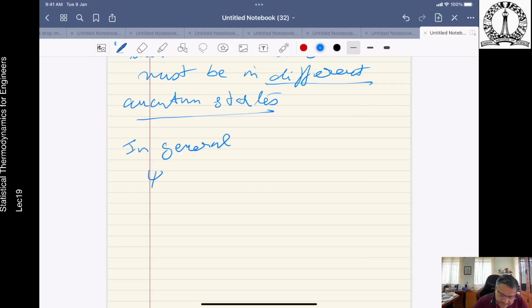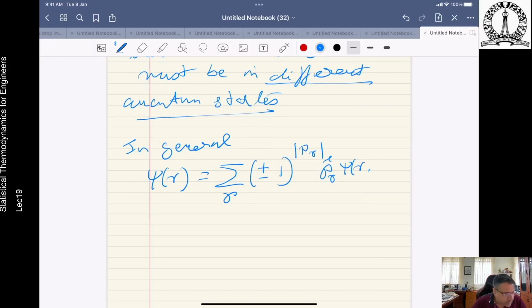Pauli's exclusion principle. So in general, we can write the wave function as r plus or minus 1. These are the number of ways in which the particles can be exchanged, which we covered in the previous lecture. And this is psi 1 r1, psi 2 r2.